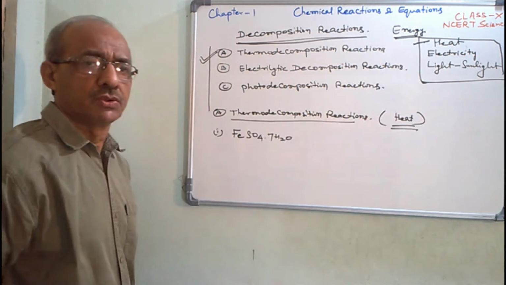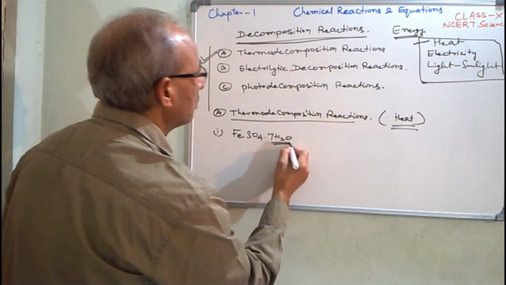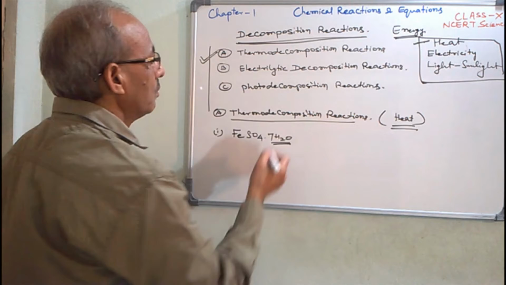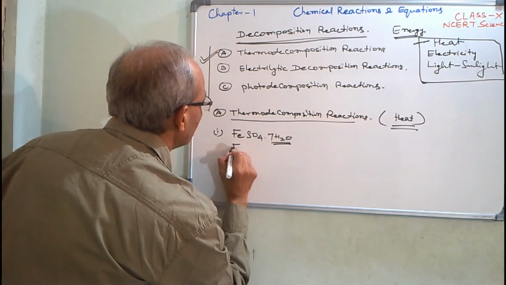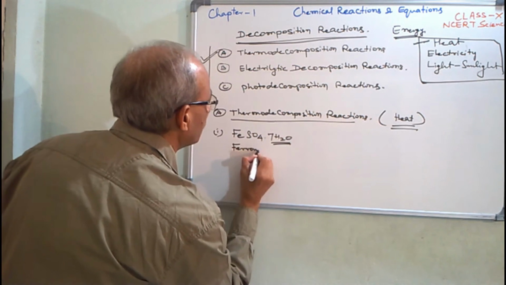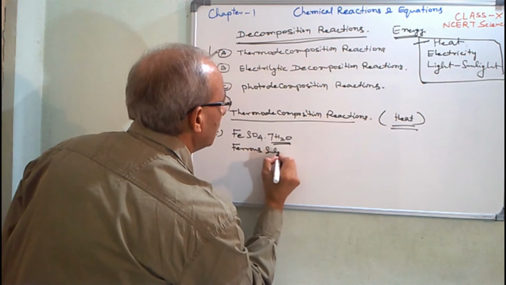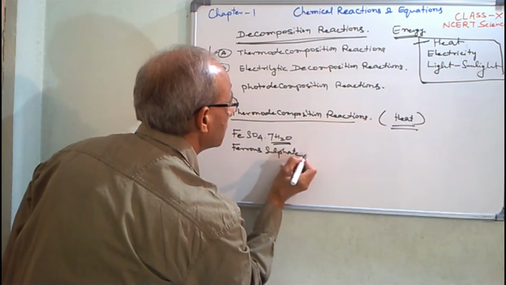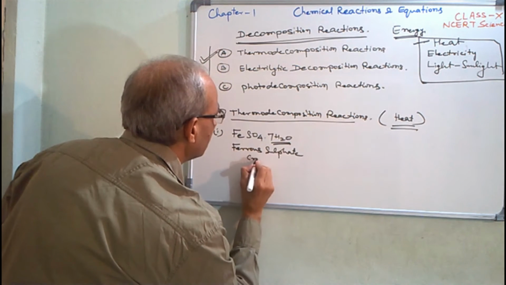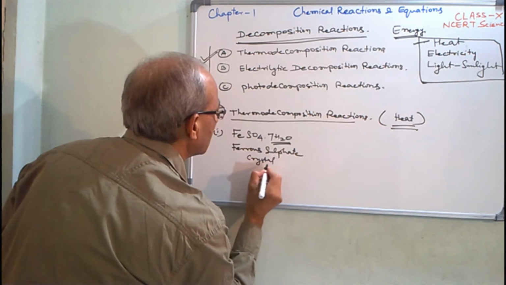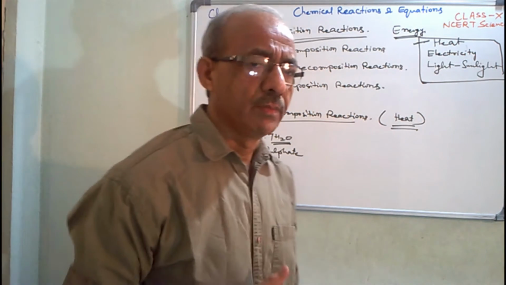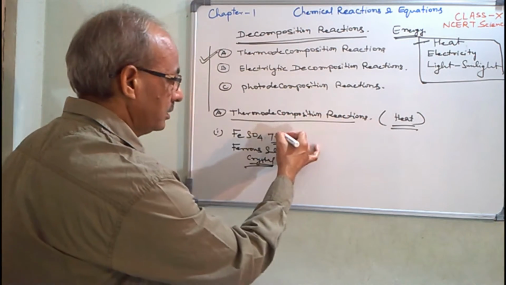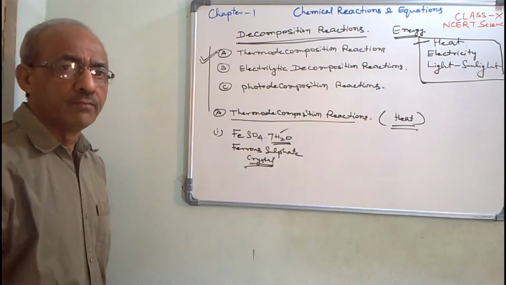FeSO₄·7H2O. 7 molecules of water are essential for the crystal form of ferrous sulfate. The crystal form of ferrous sulfate depends upon the 7 molecules of water.